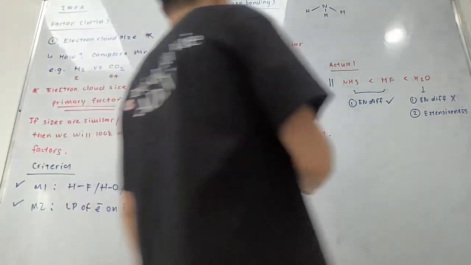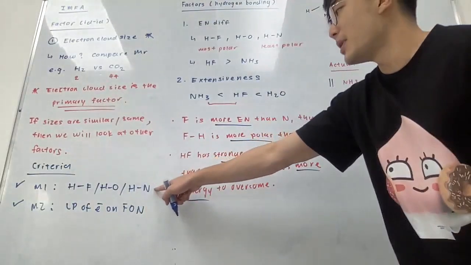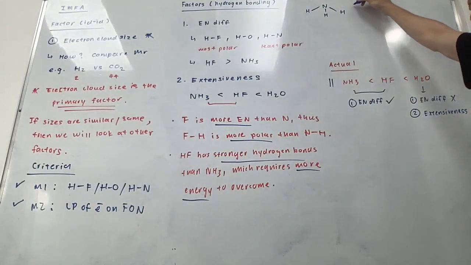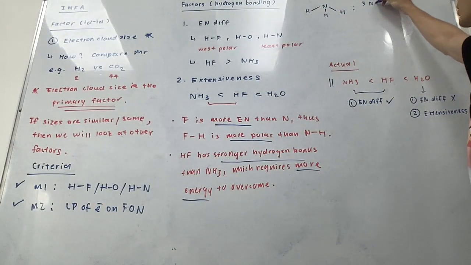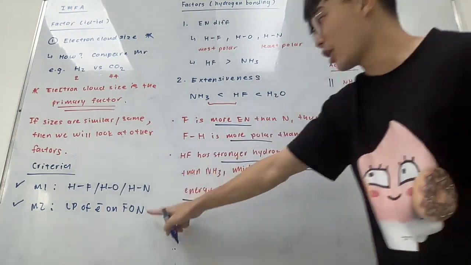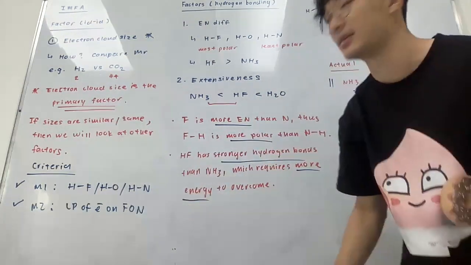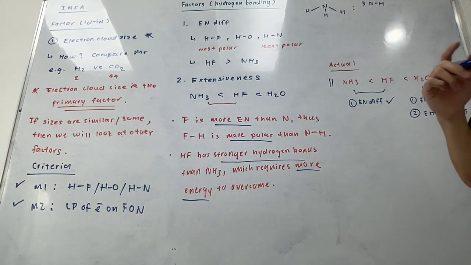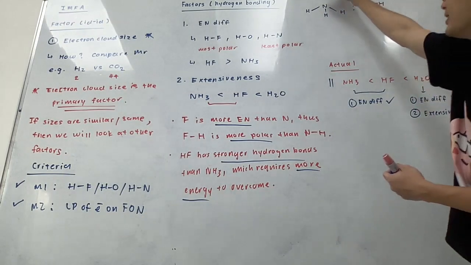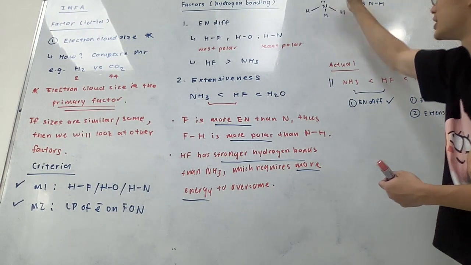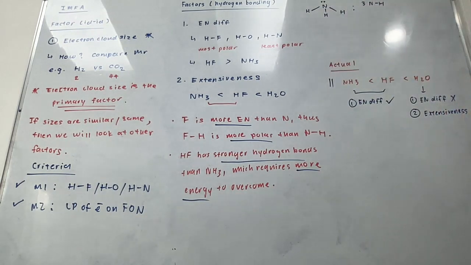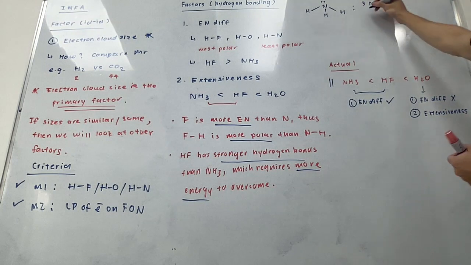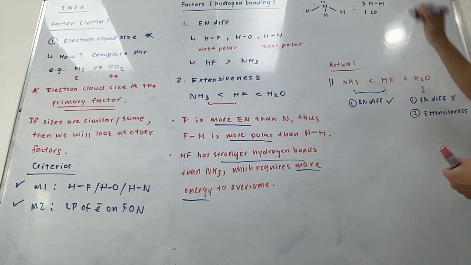So let's check. Criteria 1, how many NH bonds are there? 3 NH bonds. How many of the second criteria does it have? How many lone pairs are there on N? Remember, the shape of NH3 is trigonal pyramidal. It has a lone pair on top. So it has one lone pair.